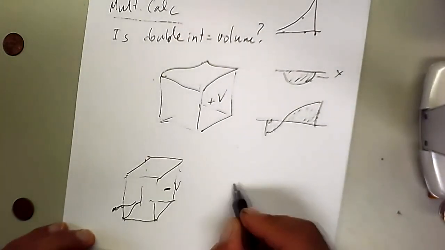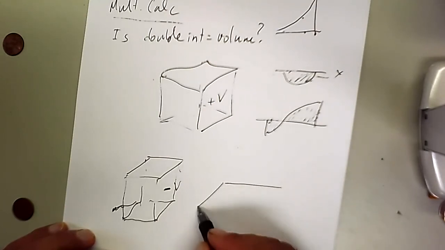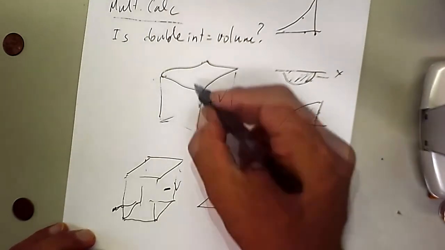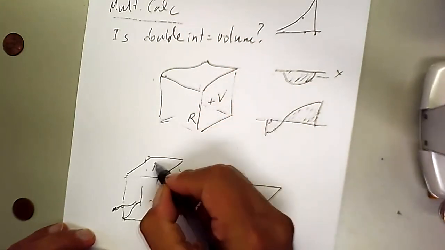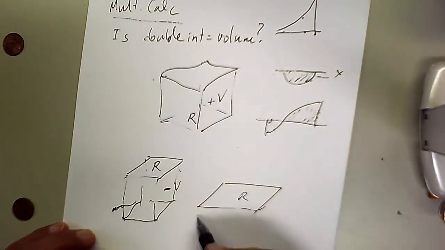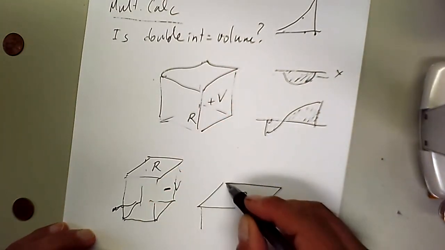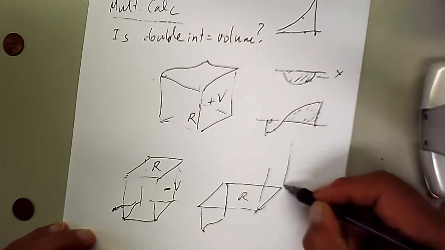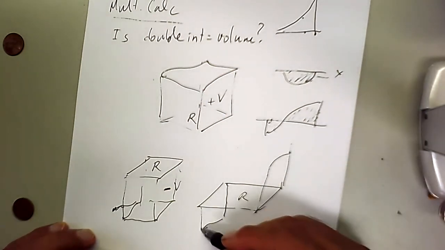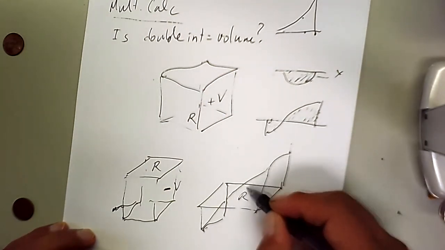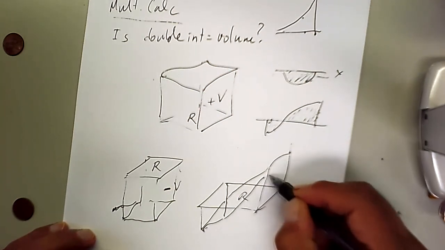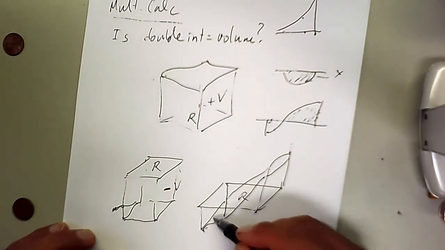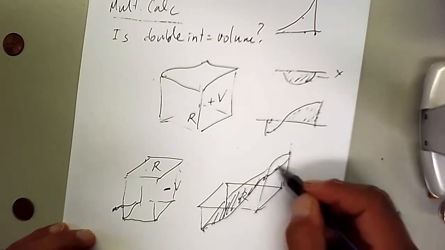And then the third case is, let's say you have your rectangle, this is the region R, and then what happens if some of the surface is under, but some of it is above, and it crosses somehow? So the surface is really this surface that I'm shading.